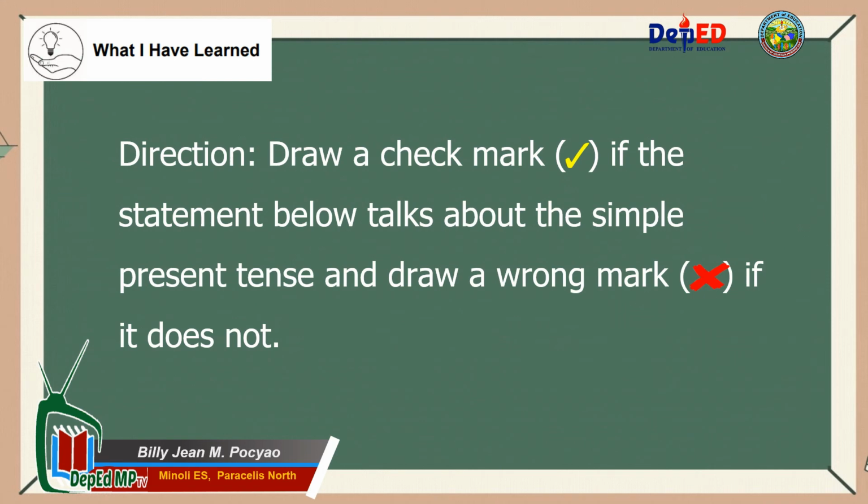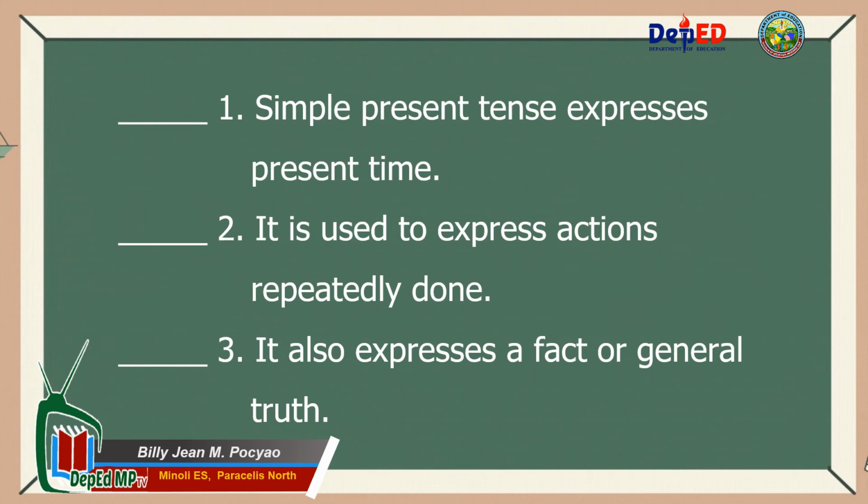Direction. Draw a check mark if the statement below talks about the simple present tense, and draw a wrong mark if it does not. Number 1. Simple present tense expresses present time. The correct answer is check.